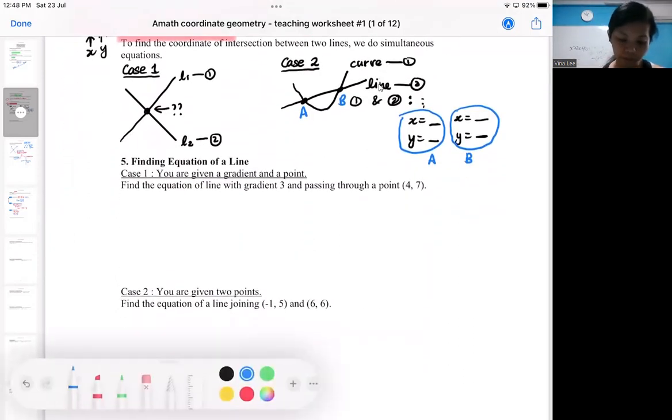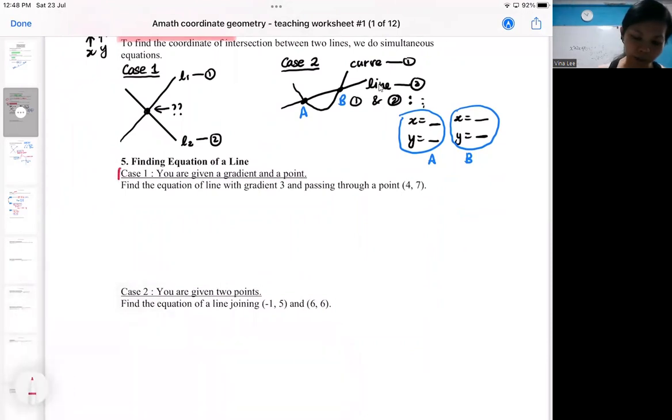So the 2 cases of finding equation, I will not be working it out, but this is what you have learned in your A-math. So to find the equation, the ingredient is always a gradient and a point.